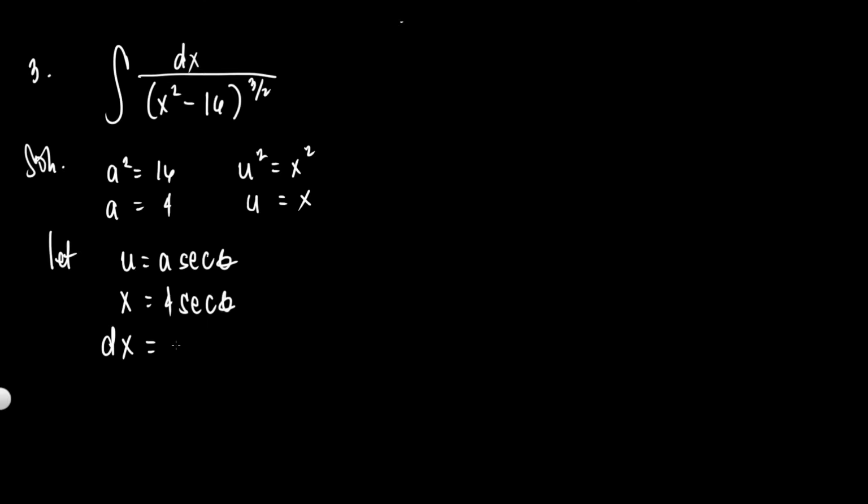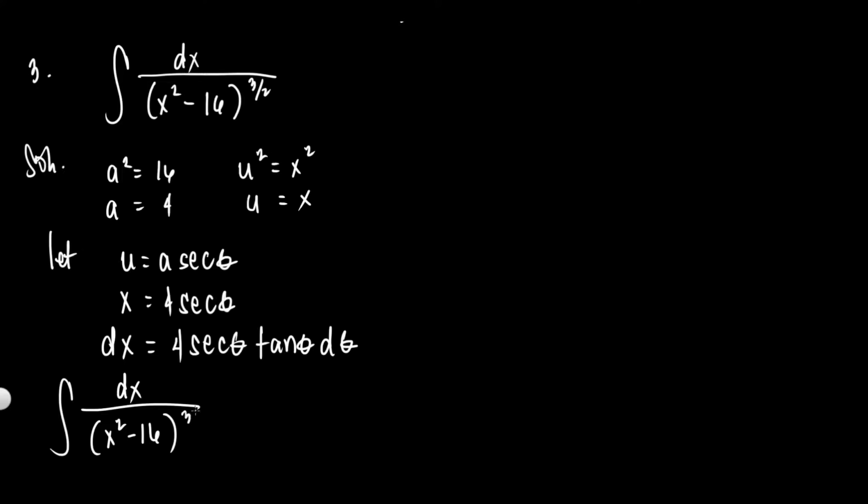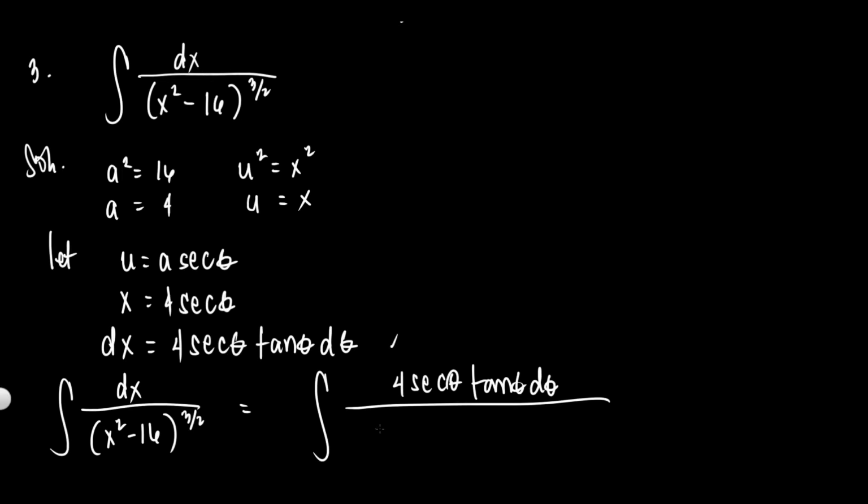Differentiate, dx equals 4. What is the derivative of secant theta? Okay, recall lang, secant theta tangent theta d theta. So, substitute natin dito sa original, no? Original integral, so that is dx over x squared minus 16 raised to 3 halves is equal to the integral of dx, which is 4 secant theta tangent theta d theta, over x squared.